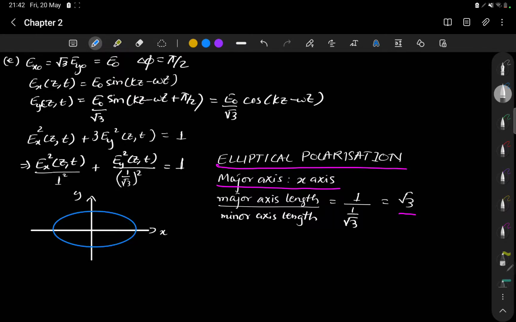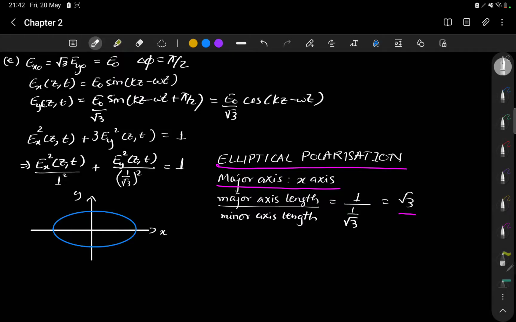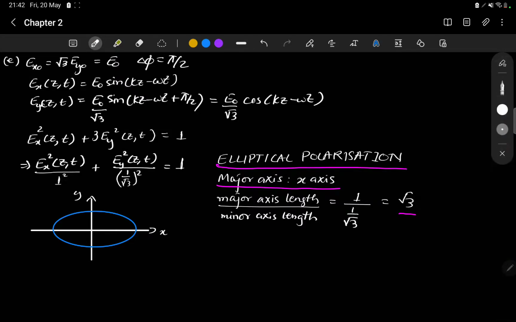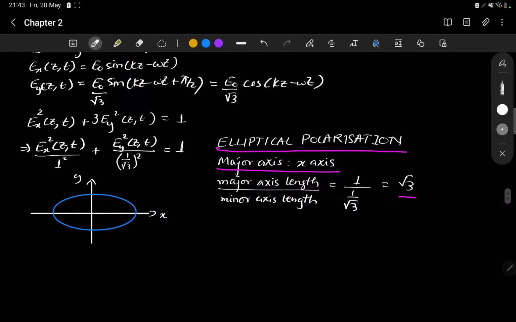So this is the elliptical polarization. Now the handedness we need to check. So let us check the handedness. So for phase equal to 0, we are at Ex equals to 0, Ey equals to E naught over root 3.